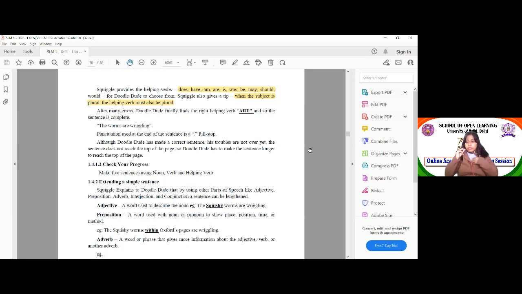Like when you say I am, whatever your name is, it is a state of occurrence. It is your state of being. So that is why you need a helping verb to connect the idea of who you are and what you are doing. It connects that idea.